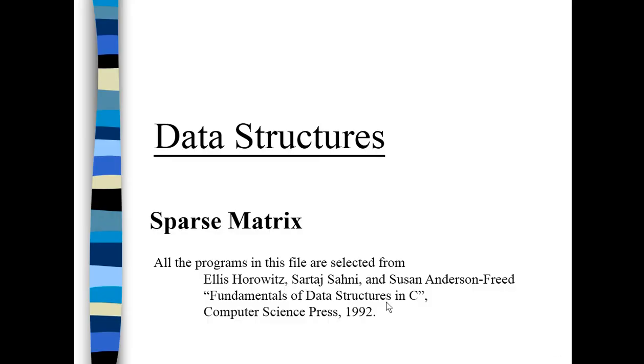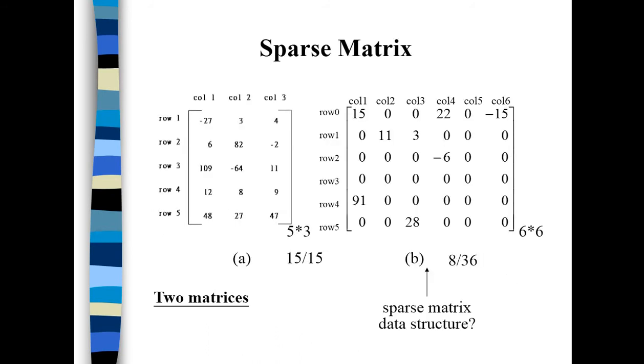Okay, so this is a sparse matrix. When will we use a sparse matrix? If you have a large number of zeros in your matrix, then instead of simply storing the zero values, which wastes memory space, we can start using the sparse matrix concept.